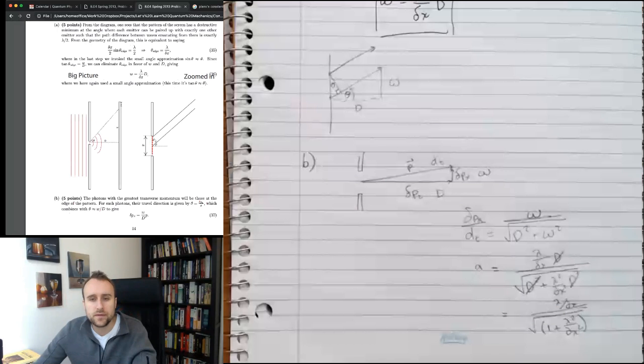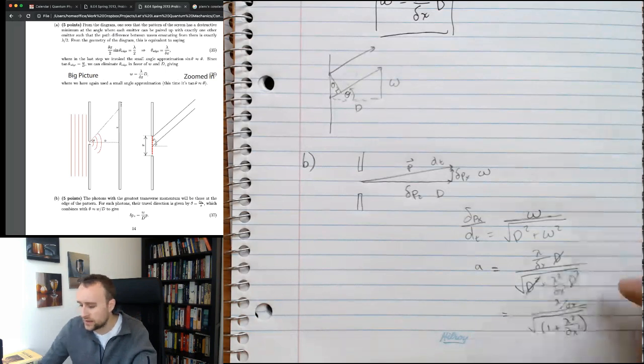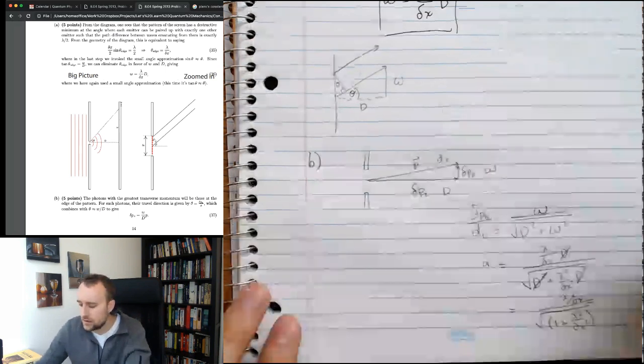The greatest transverse momentum will be those at the edge of the pattern. For such photons, their travel direction is given by theta equals dpx over p. Then theta equals roughly w over d. So I tried to calculate this, and that was my mistake.